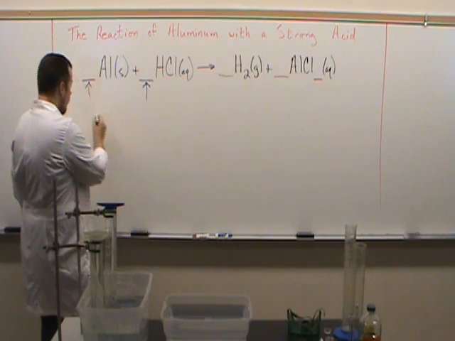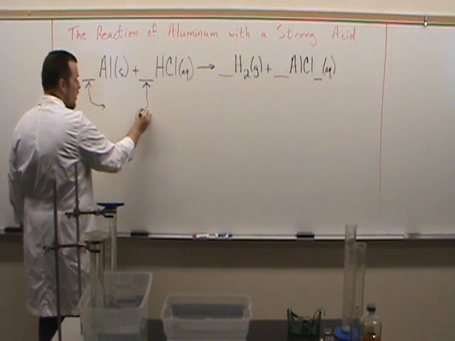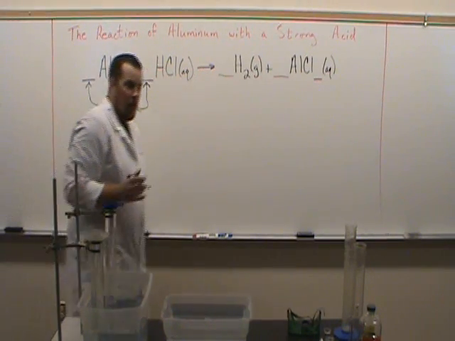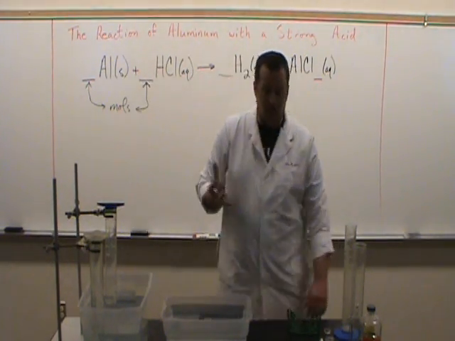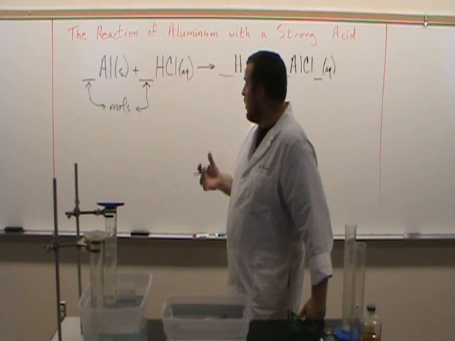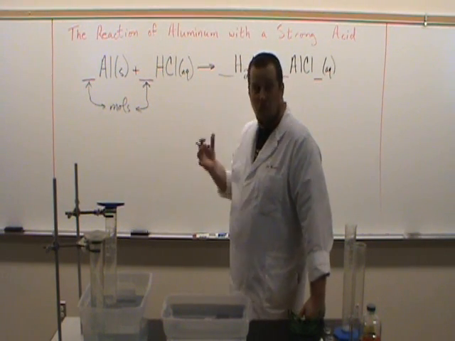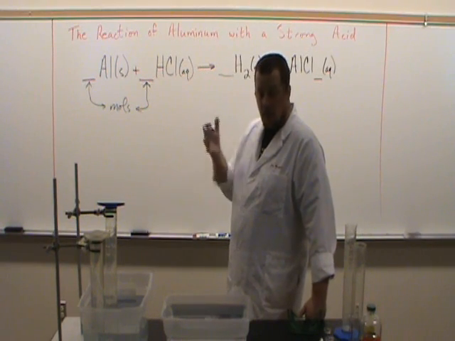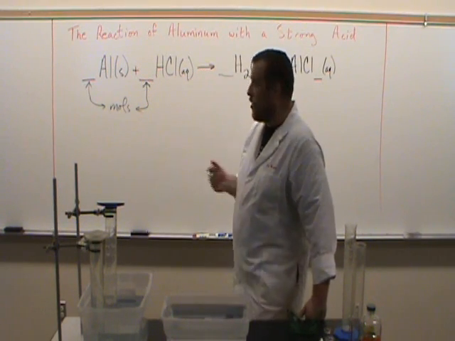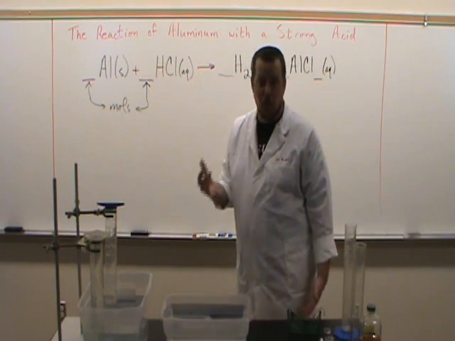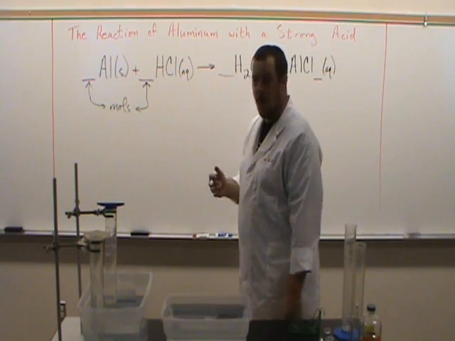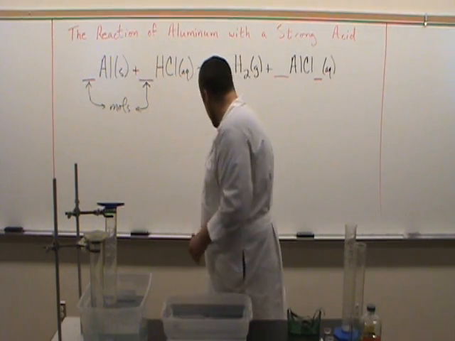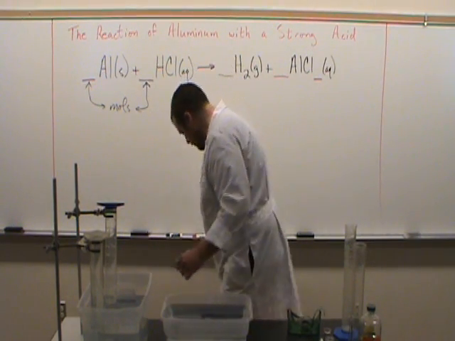So if this is really just moles, then what we can do is determine the number of moles of each of our reactants and use that coupled with our observations to determine what the reaction is going to produce, what the balanced chemical equation is. So what are we going to take? Aluminum.